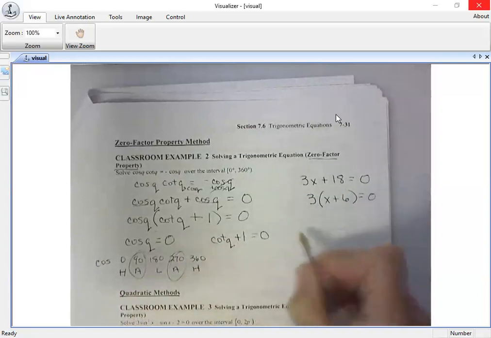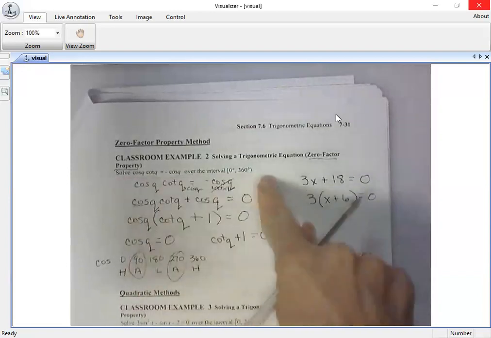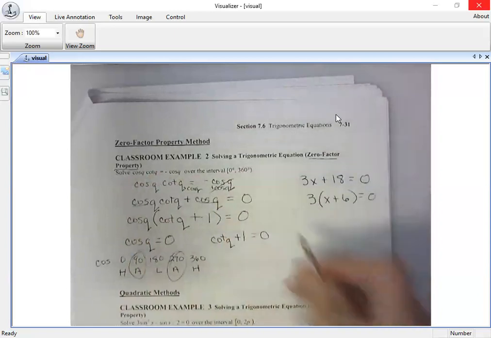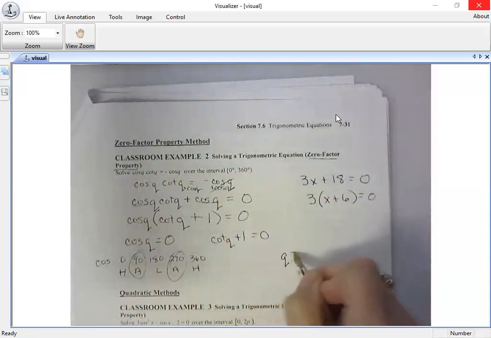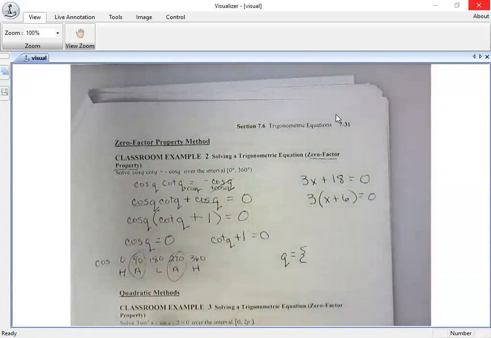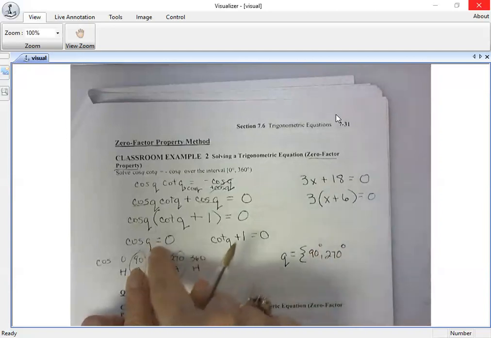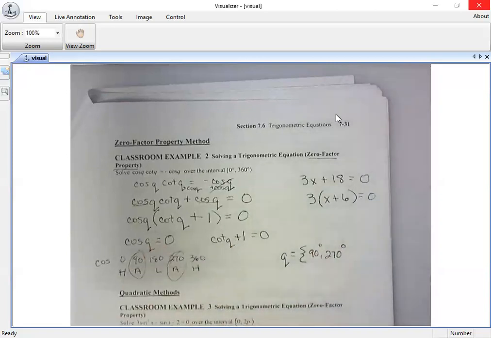So here's what I'm finding. I want to find all of the values for the angle measure that would make this true. So angle Q can be, and I'll open up braces, and inside I'm going to put 90 degrees and 270 degrees from this. Do I have some other angles that might occur as well?